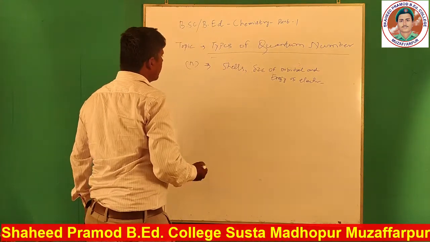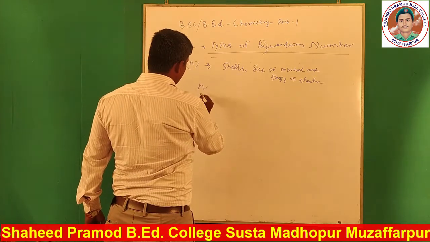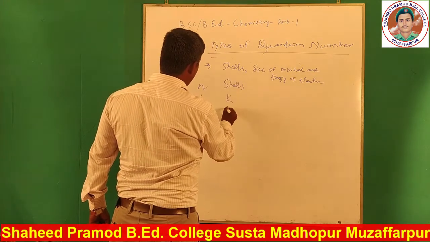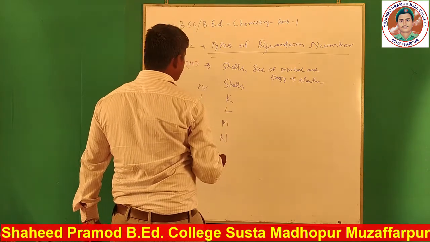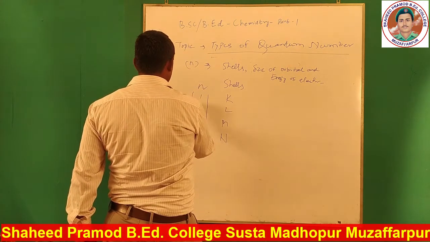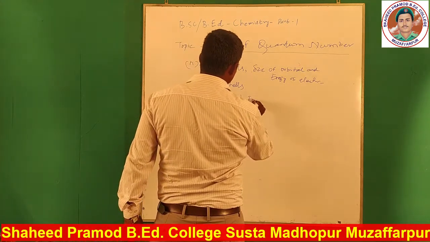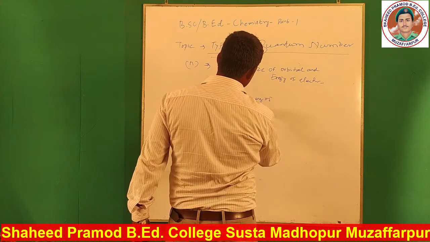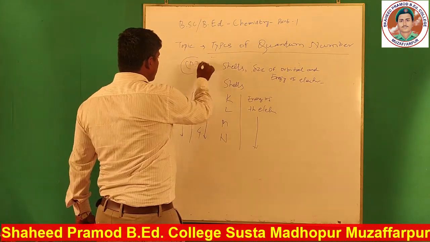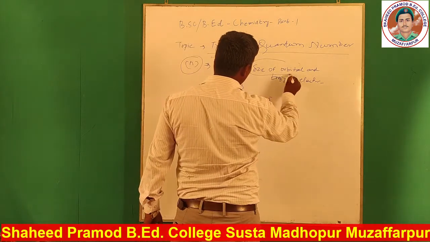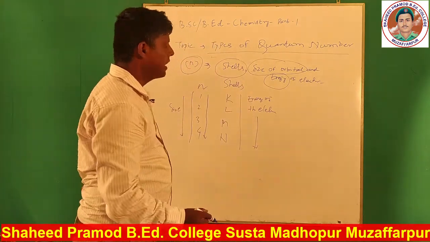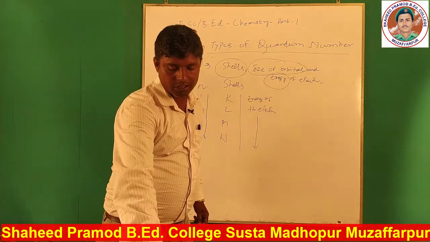For example, if n is 1, 2, 3, 4, then the shells are K, L, M, and N, and as n increases from 1 to 4, the size of the orbital and the energy of the electron also increase. So it gives the size and energy of an orbital, as well as the shell in which the electron revolves around the nucleus. That was discussed in the first lecture.